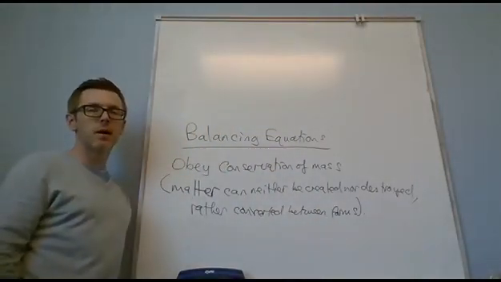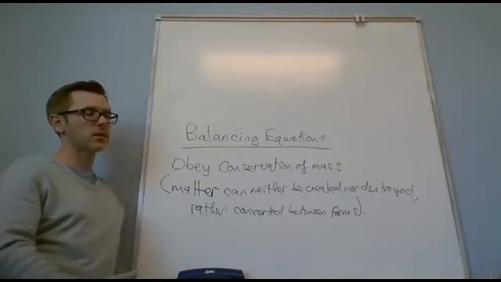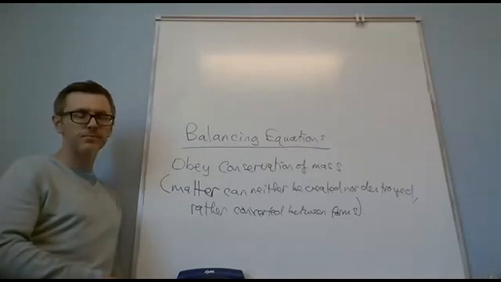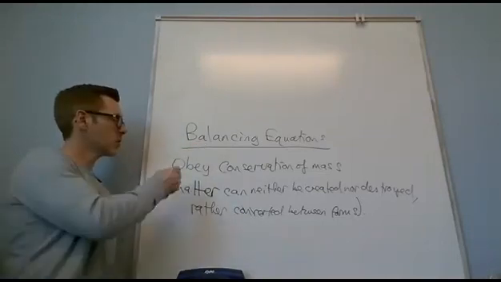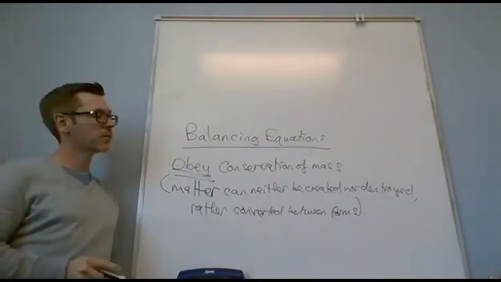We can't create or destroy matter, but we can reassemble matter with other forms of matter to form new individual things. Okay. So when we balance equations, we're obeying the conservation of mass law.